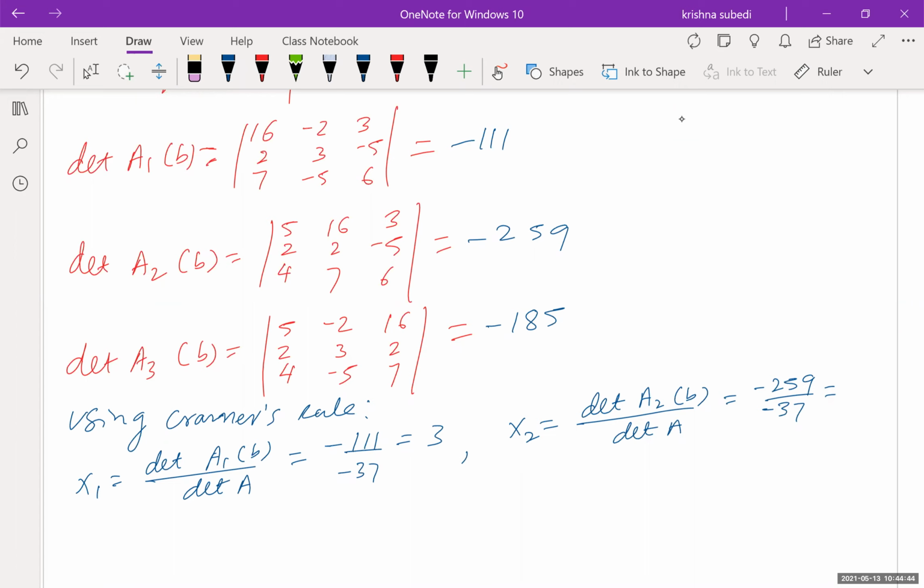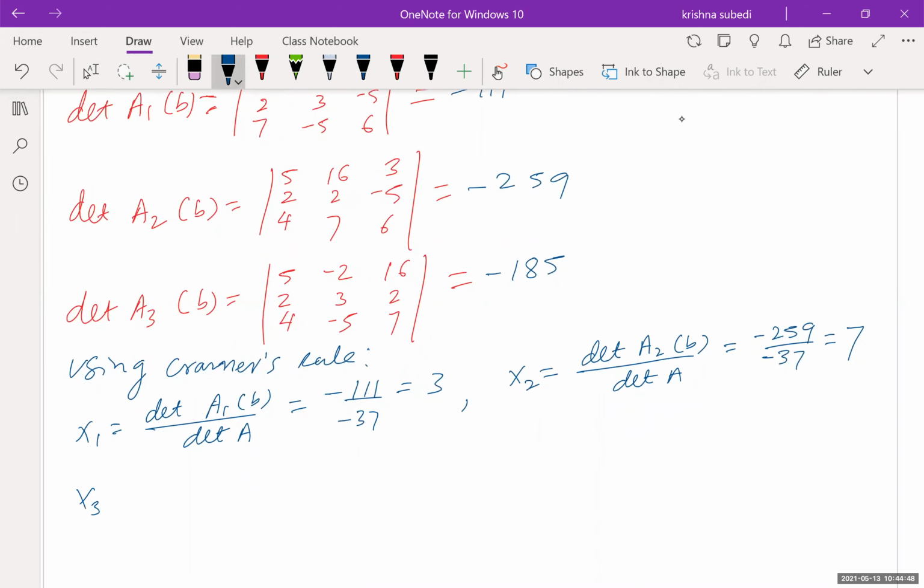Sorry, this is 7. And x3 is determinant of A sub 3b over determinant of A, equals -185 over -37, and that gives me 5.